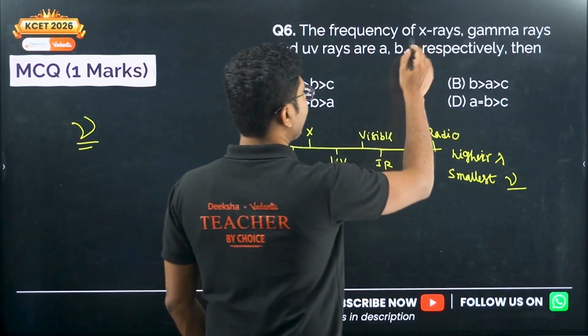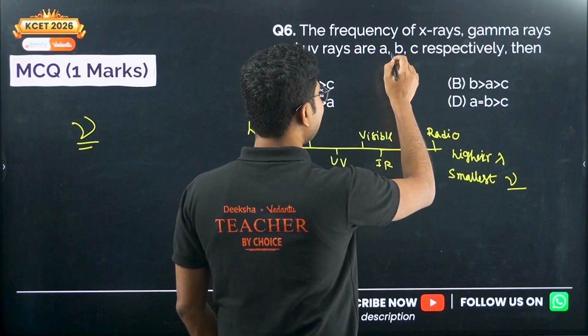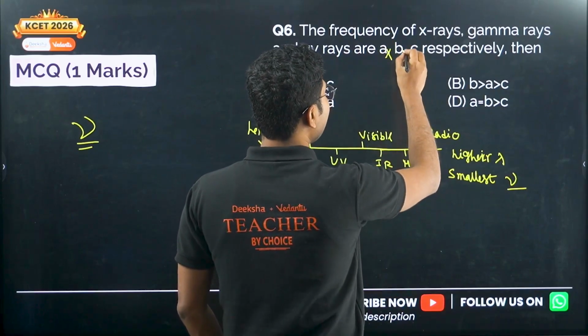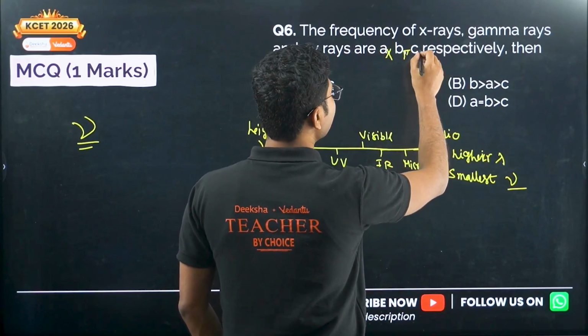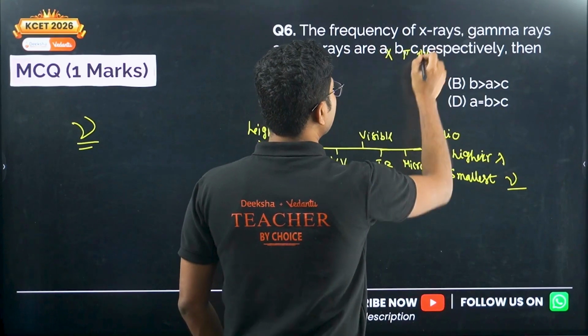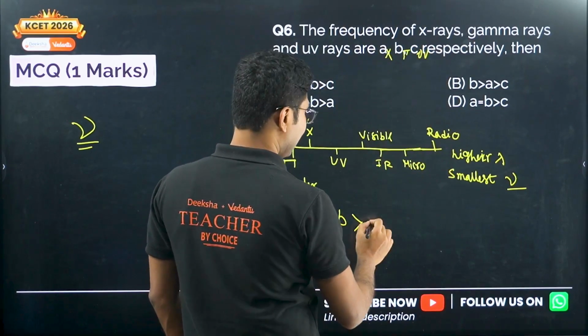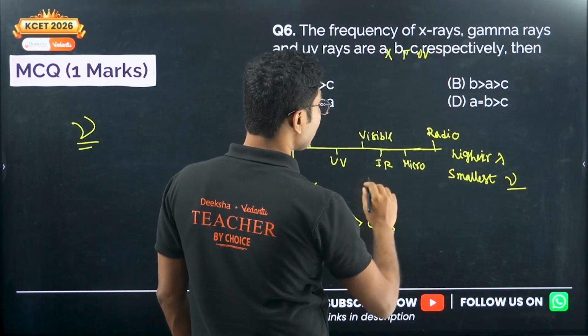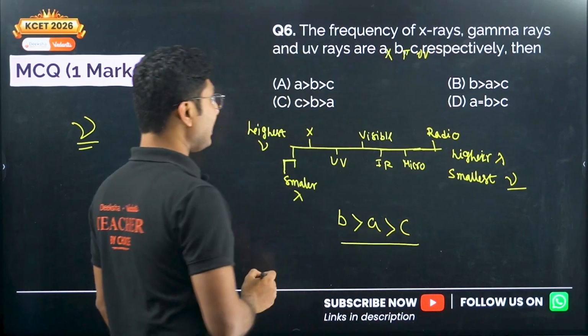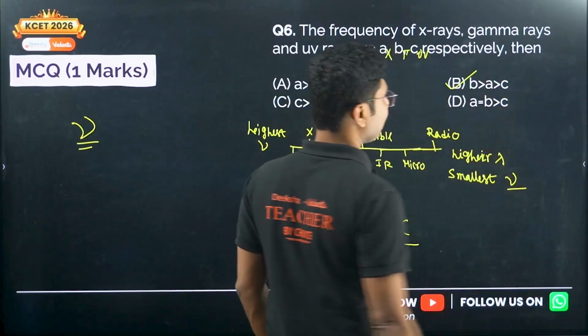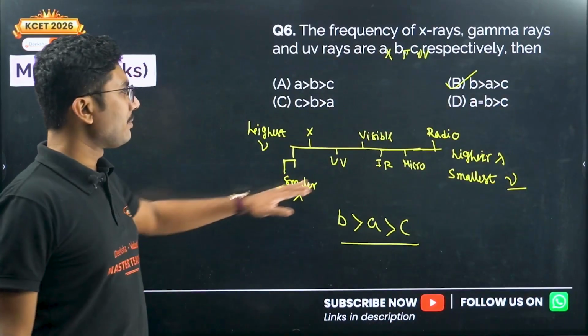Okay, so A is X-ray, B is gamma ray and C is UV ray. So B must be greater than A and then both of them should be greater than C. Okay, so remember this order.